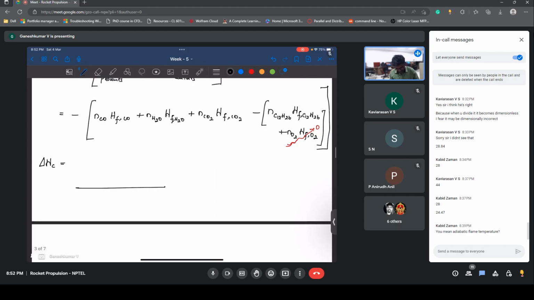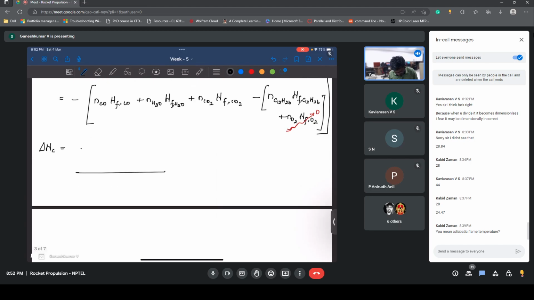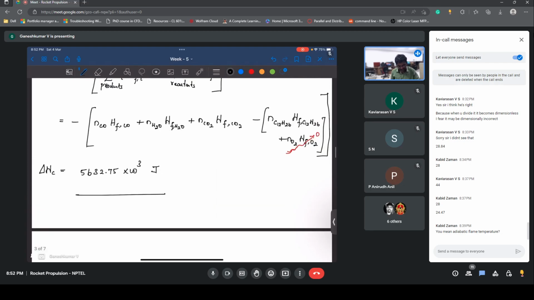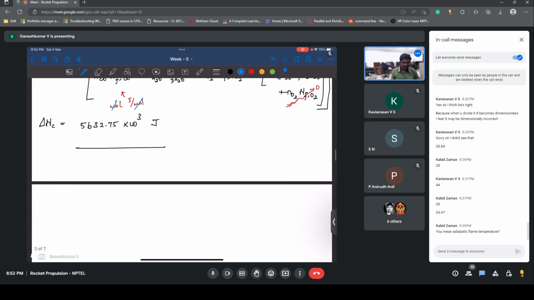You can check this. It is around 5632.75 into 10 power 3 joules. Here this is joules per mole times the number of moles we multiplied, so we end up getting joules. This is the amount of heat I am removing from the system.